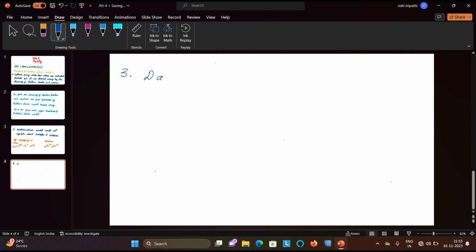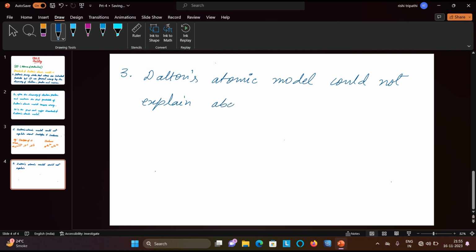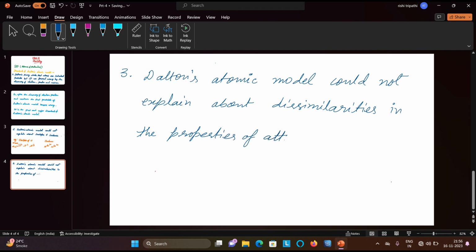Dalton's atomic model could not explain the dissimilarities in the properties of allotropes of an element.